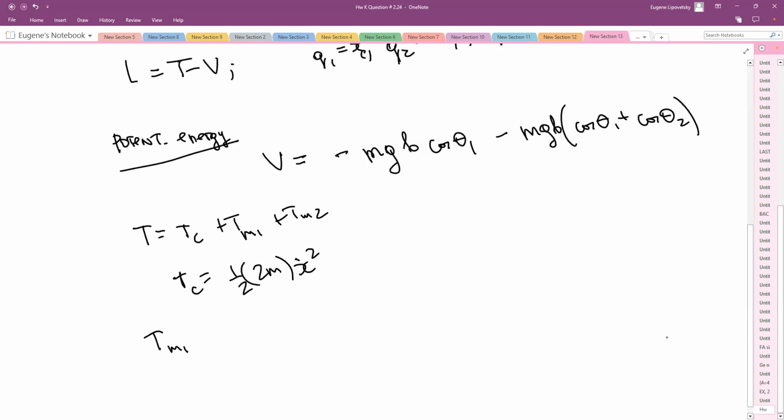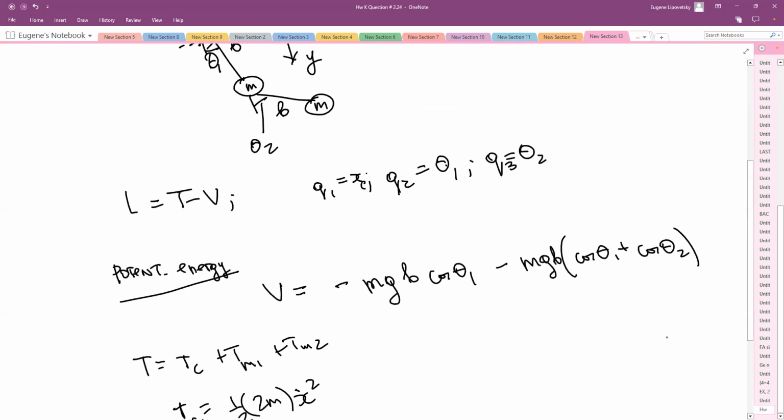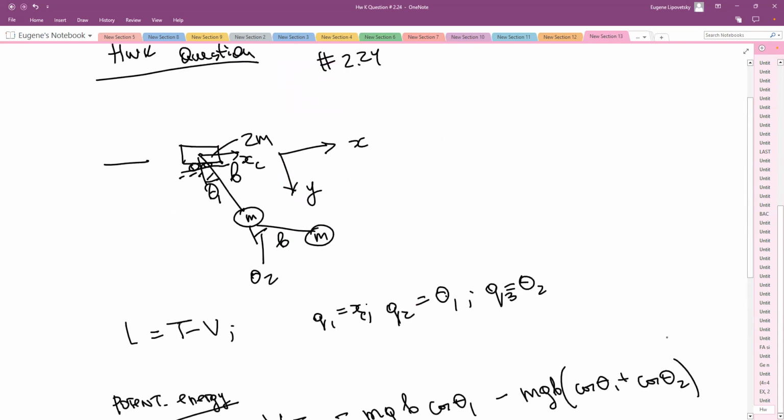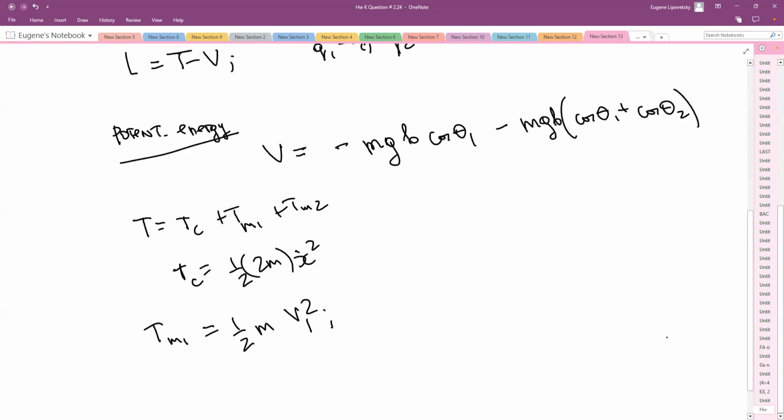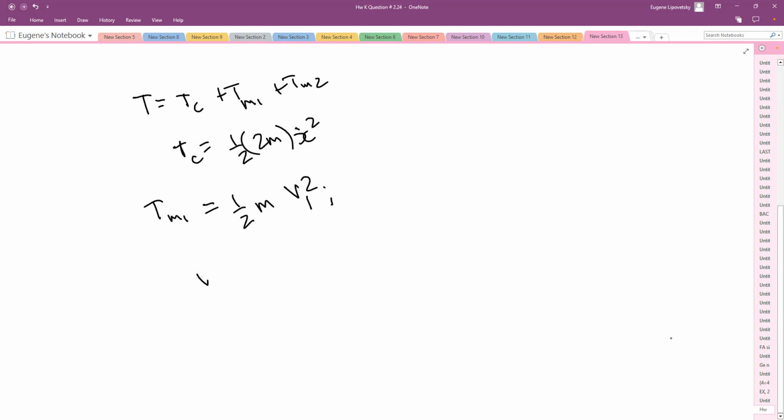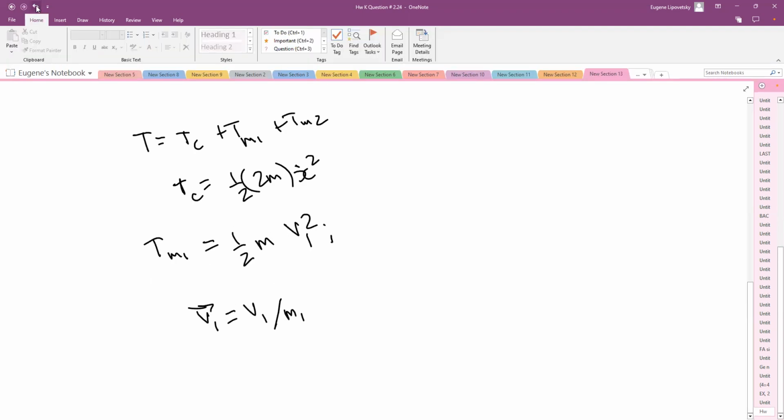The T of M1 equals 1/2 of m times V1 squared, right? Now, V1 squared we need to find, all right? V1 vector equals V1 relative to the cart plus V1 of the cart.